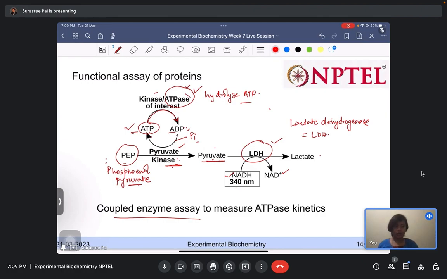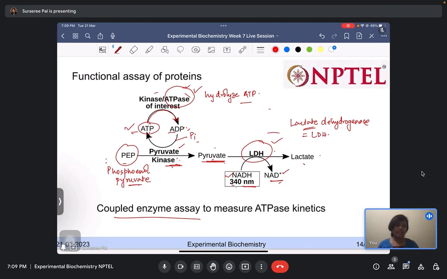The pyruvate generated by pyruvate kinase will be converted to lactate by lactate dehydrogenase, and in this process NADH is oxidized to NAD plus.